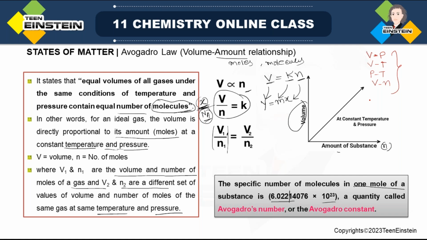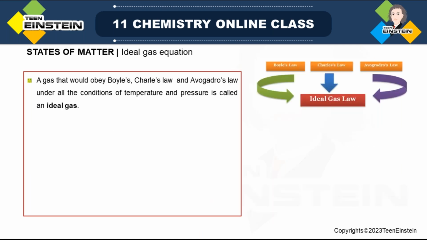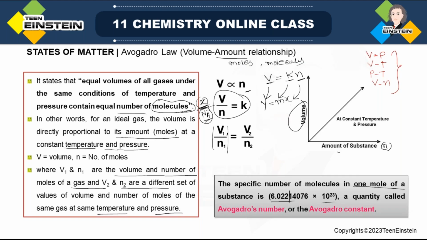Now combining these laws, how can we get the ideal gas law? Because all these laws are obeyed by ideal gases only, though it doesn't exist, it is only applicable for an ideal gas. So if we combine all these laws, basically we will not combine all 4, we will take these 3, which is enough, because when you take these 3, V, P, V, T, already 4 quantities are covered.